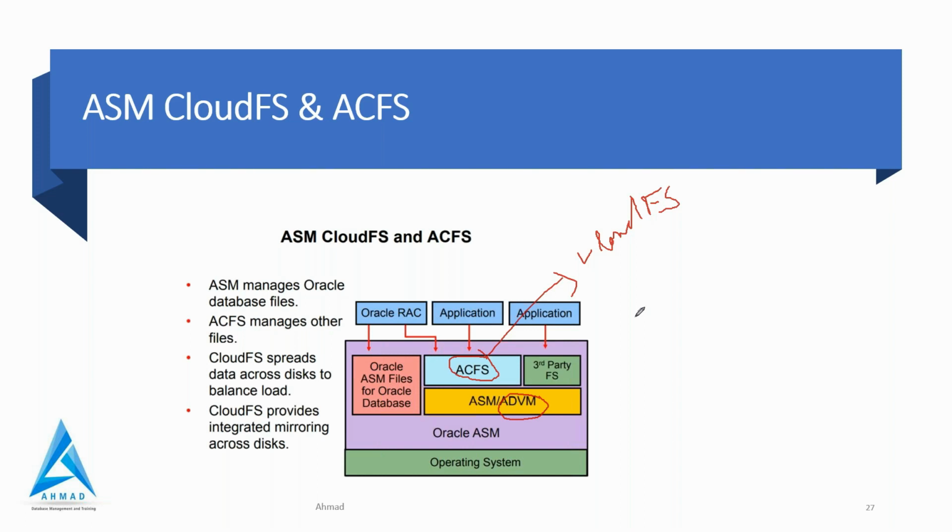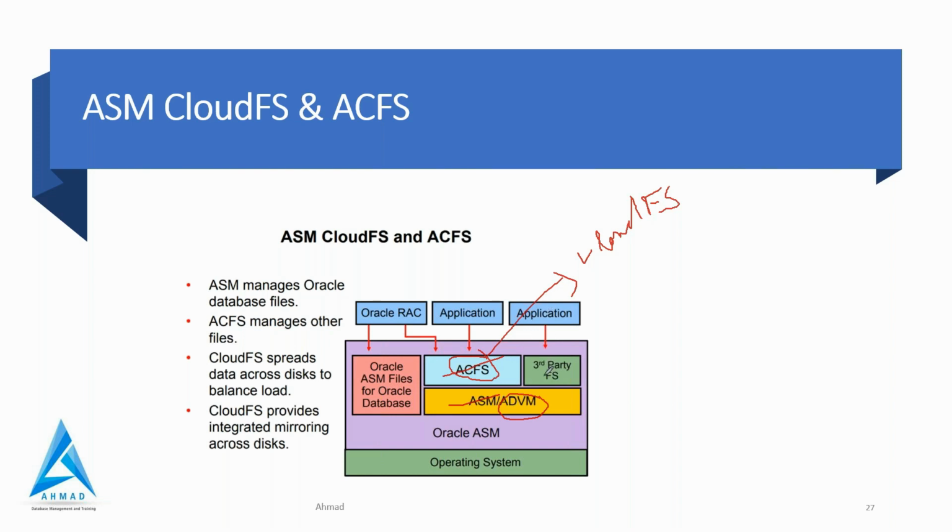So you can say that Oracle ACFS file system communicates with Oracle ASM and is configured with Oracle ASM storage. As you can see in the figure, this is ACFS and this is ASM. So the application connects to ACFS, then ACFS to ASM.